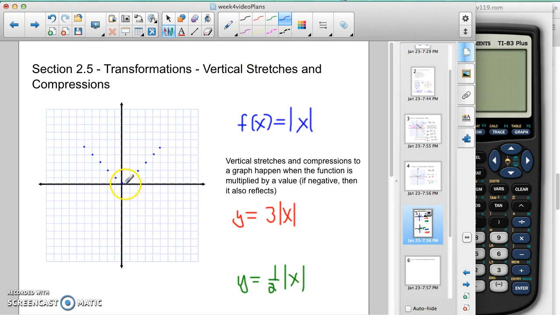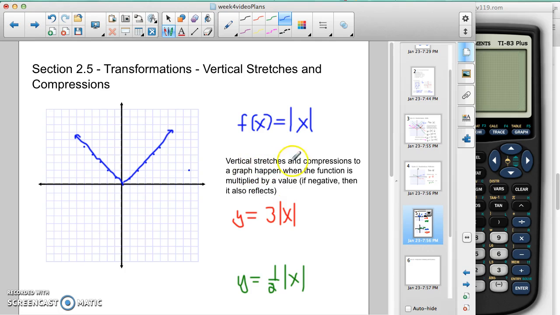So we have a graph that travels up in this direction and down in this direction. Okay, so this is our absolute value function.